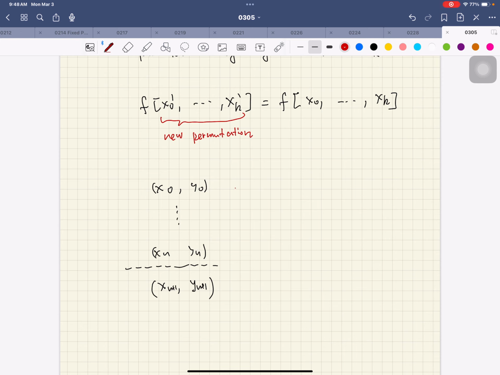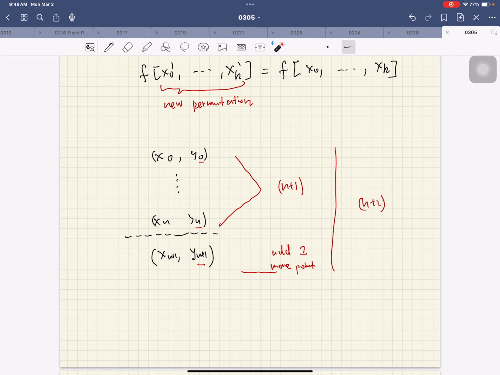If we first consider the interpolating polynomial based on this data set, and then later add one more point, this is equivalent to considering all the n+2 points, from 0 to n+1, together. So firstly we consider n+1 points and add one more point, and this gives us the same result as considering n+2 points interpolation directly all together.